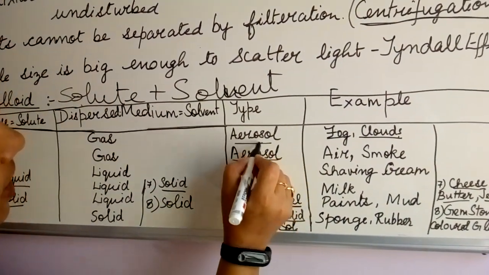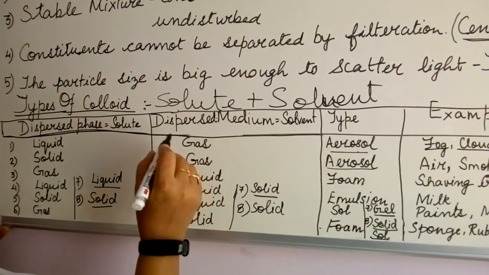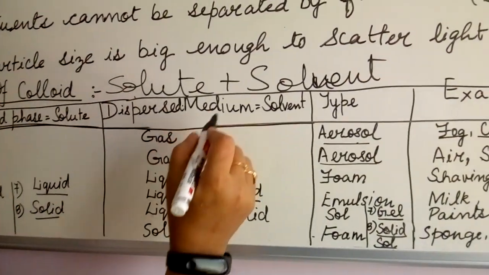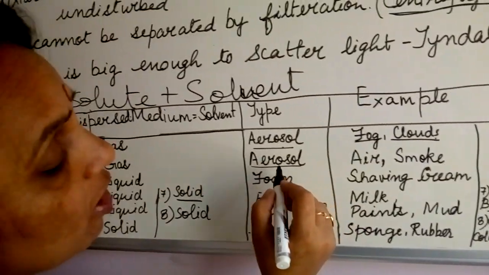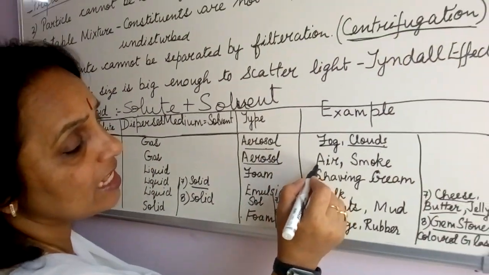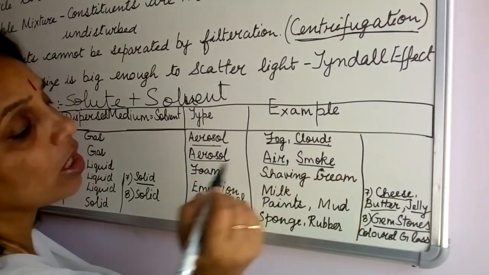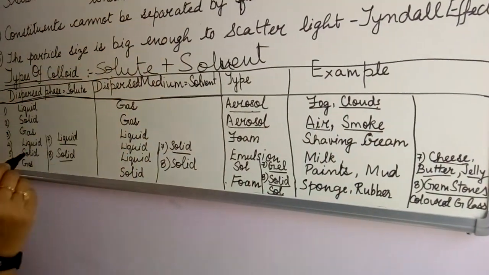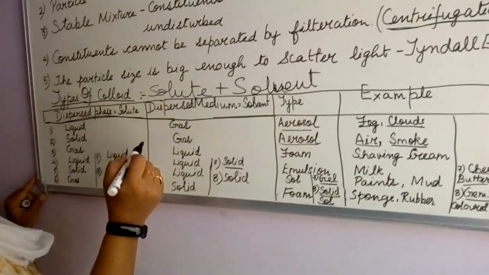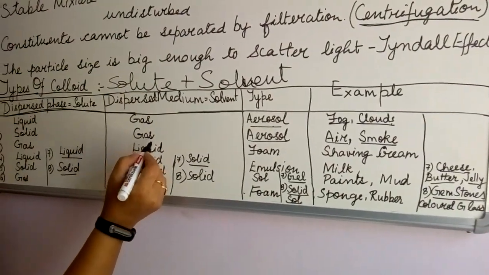So wherever the dispersed medium is a gas, the term aerosol is used. The example of solid dispersed in gas is air or smoke.